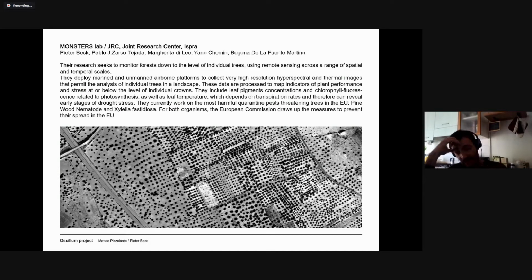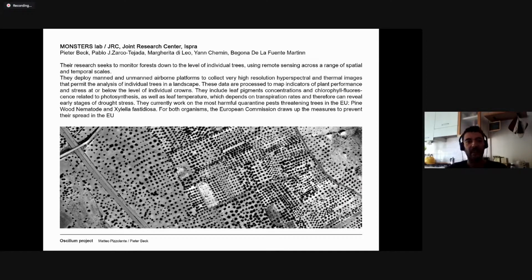And thermal images because when the bacteria colonizes a tree, the tree, as a reaction not to waste water, closes the stomatal holes, so the temperature increases. And it's a sort of fever.